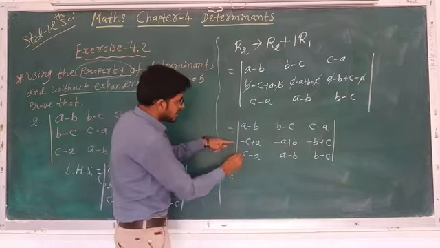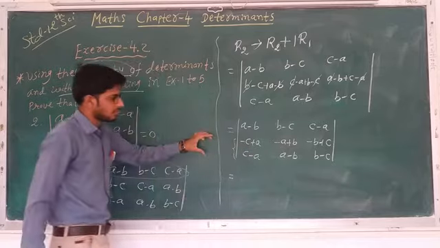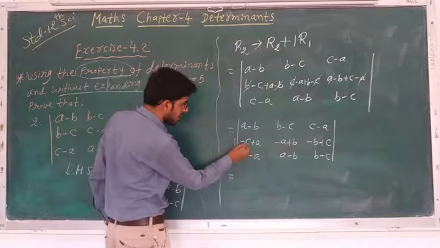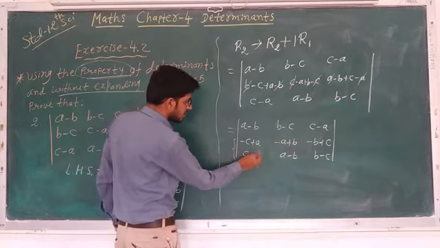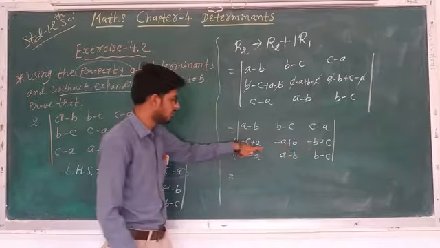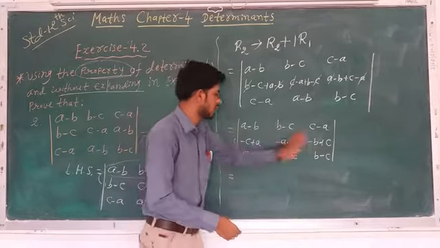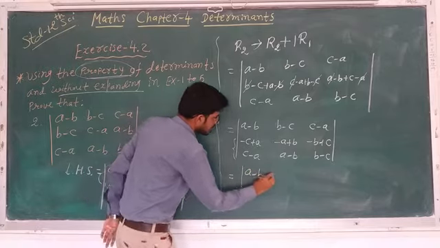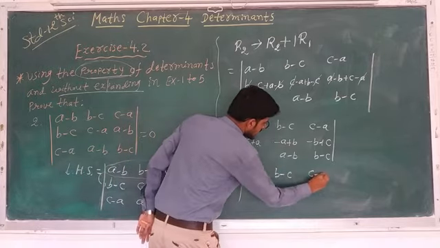Now observe that the second row and third row are the same, but the difference is only the negative sign. Here minus c, here plus c, plus here, minus. So we will take a common factor from the second row. We have to take minus 1 common from the second row. Okay, so first row as it is: a minus b, b minus c, c minus a.